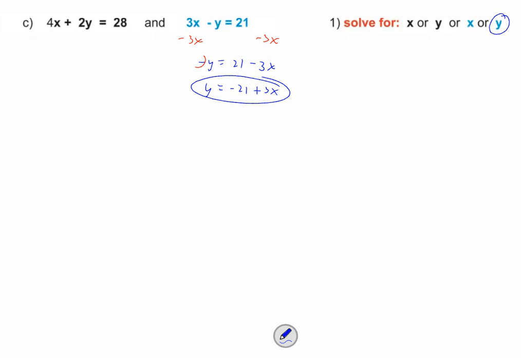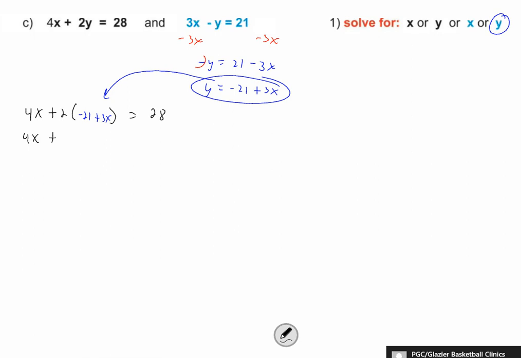So hopefully you are going to sub in the value of y for y in the black equation. That one doesn't matter. So when you distribute, oops. Positive 2 times a negative 21 is a negative 42. Positive 2 times a positive 3x is a 6x.